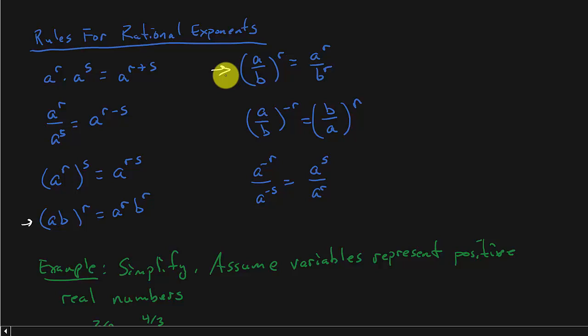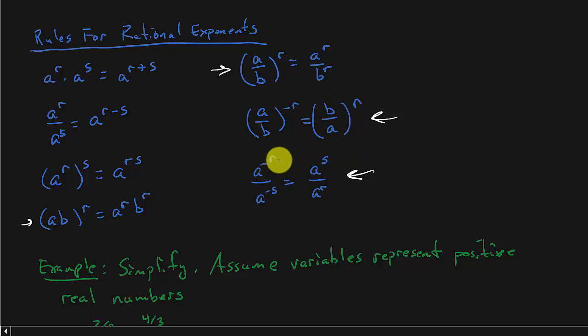Basically what it's saying is whatever you have in parentheses, you raise each factor to that power outside the parentheses. And then these two properties were in the previous section also. If you have a fraction raised to a power, if you take the reciprocal of this fraction, it changes the sign of the exponent. So a over b to the -r is equal to b over a to the +r.